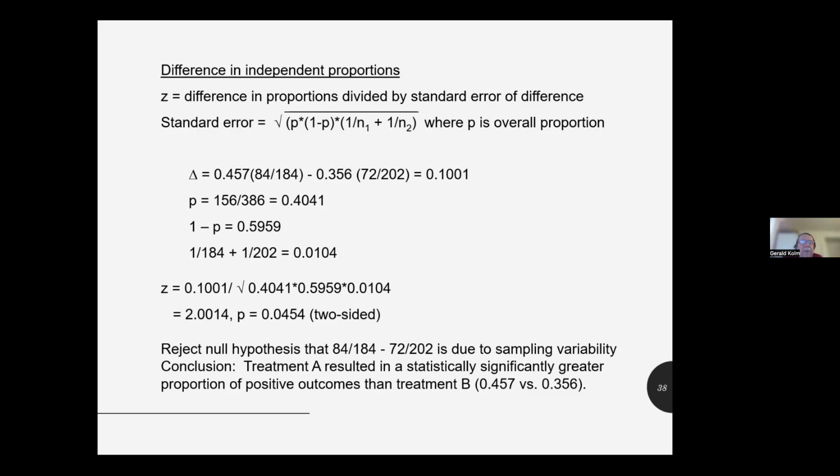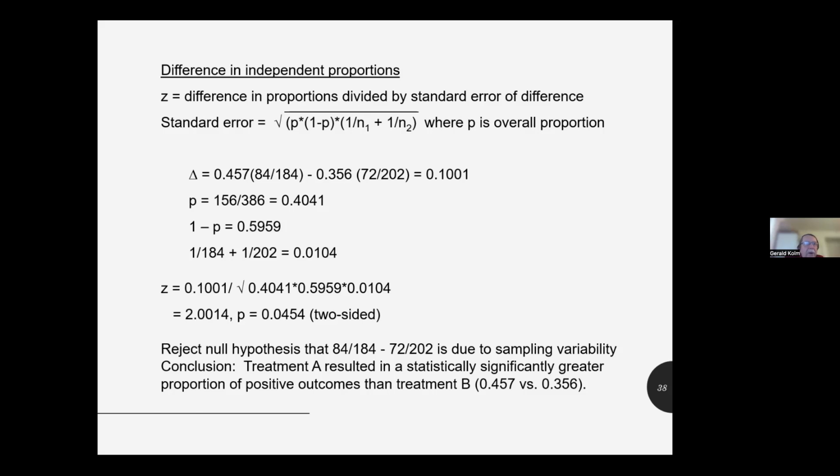The overall proportion is 84 plus 72, that's 156, divided by the total population, 386. So that's the proportion positive in our entire sample. We take 1 minus that, and we get basically 0.6. The sum of the reciprocals there is 0.01.